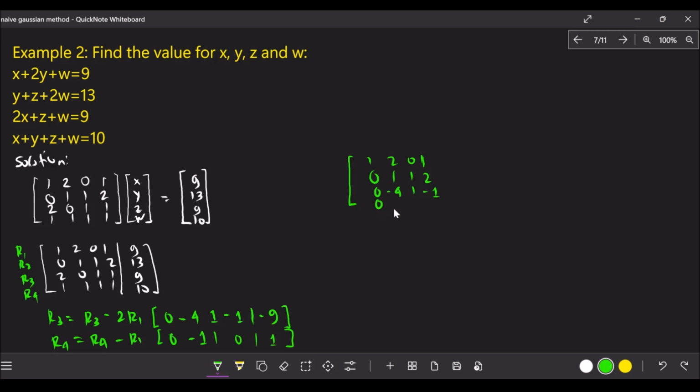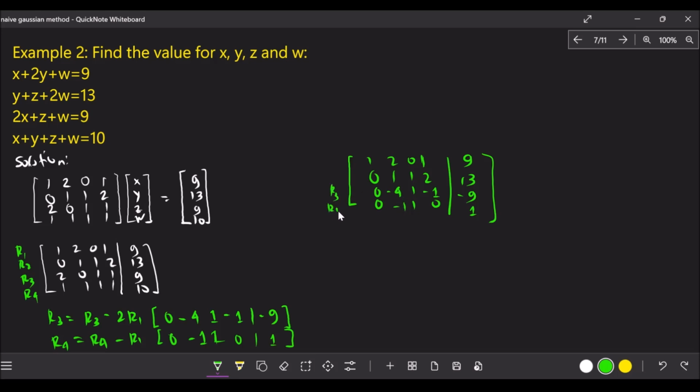Then for the fourth row, R4, 0, negative 1, 1, and 0. And for the constants, we have 9, 13, negative 9, and 1. So here we have our new augmented matrix.